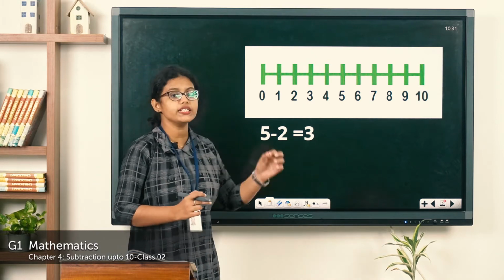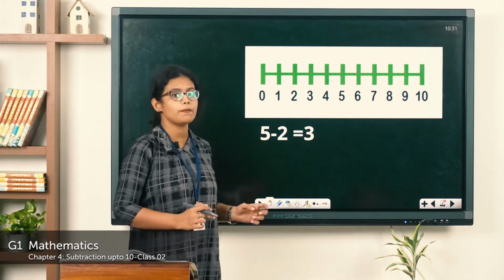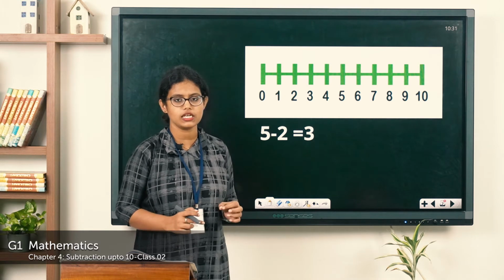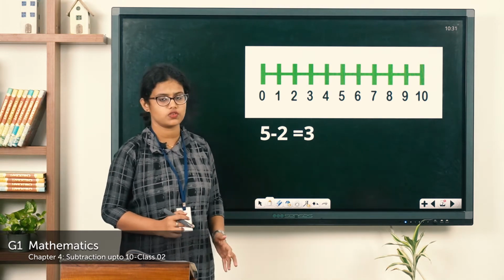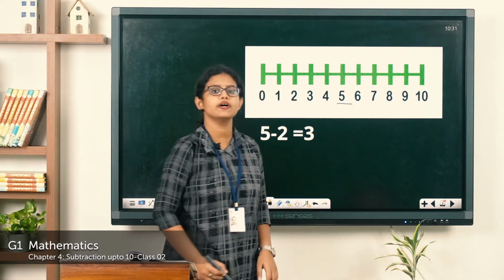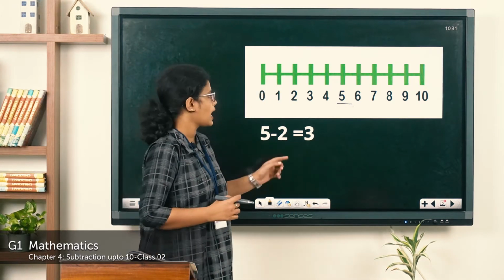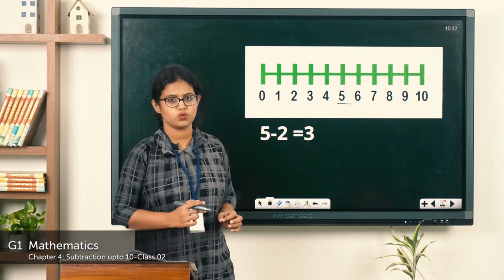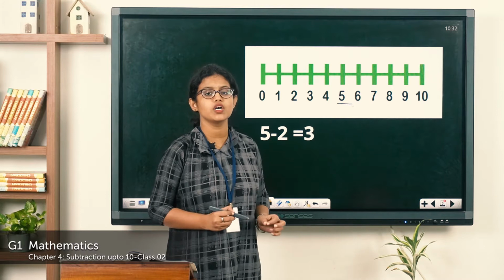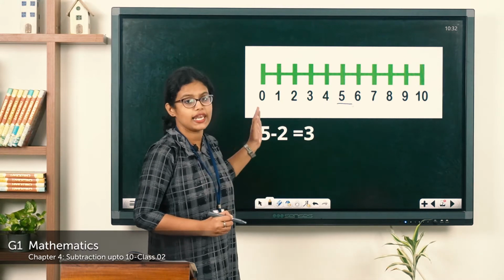Then here we need to subtract 2 from 5, or we can say we need to take away 2 from 5. So here is number 5 and from 5 we need to subtract 2. For that we need to move 2 steps to the left.